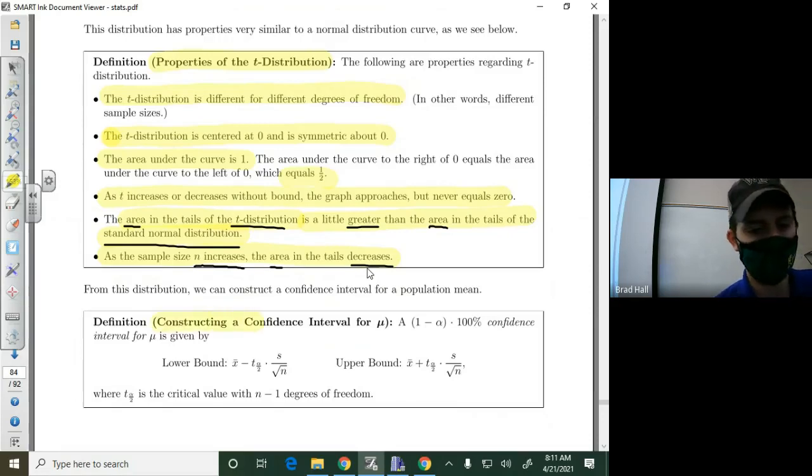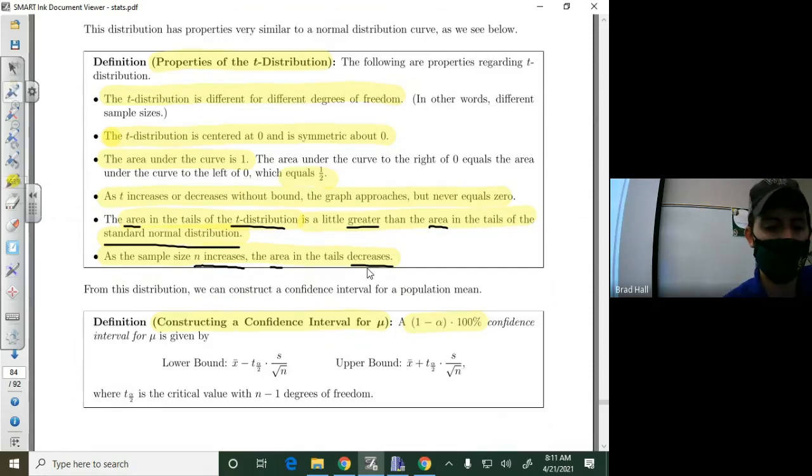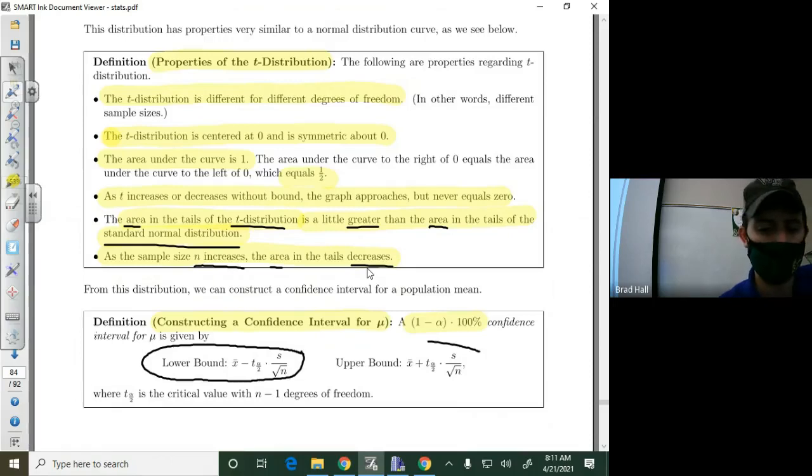So we're trying to construct a confidence interval for that. And you might also notice 1 minus alpha times 100 again, which basically means the complement of the level of confidence as a proportion, like we did before. And we have these values for the lower bound, the upper bound.